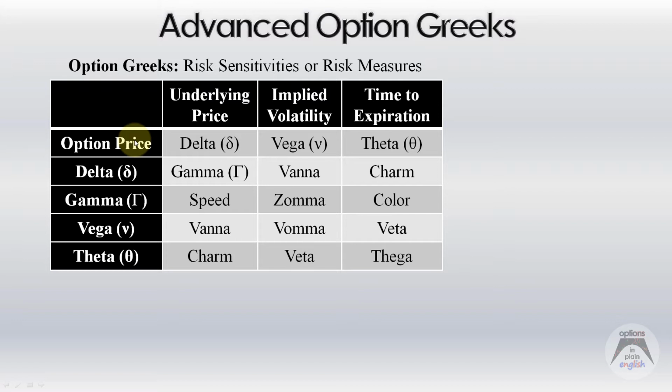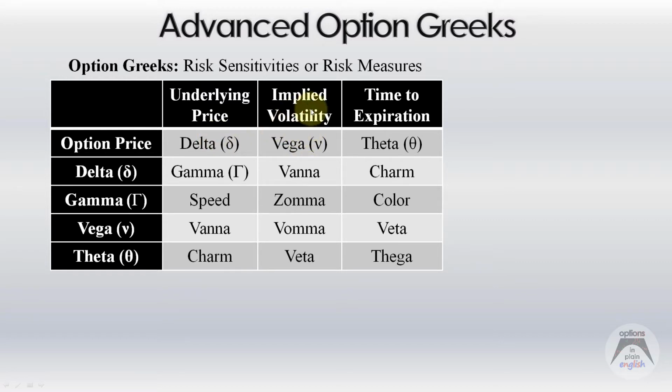As we know, options are more valuable when there's more implied volatility because they have a higher probability of making money. So this particular Greek, Vega, which is actually not a Greek letter, but is represented with this symbol, measures how much your option price is going to change, whether it's a call or a put, as implied volatility changes.